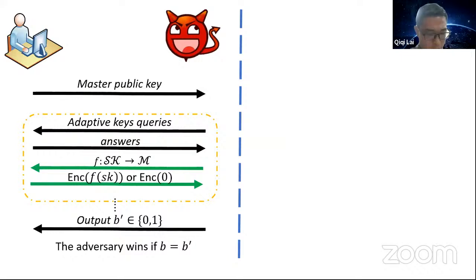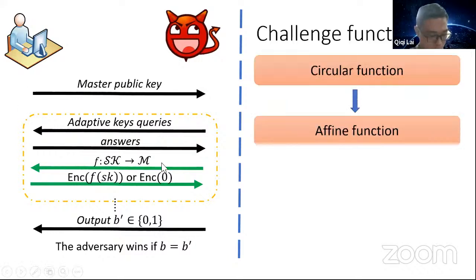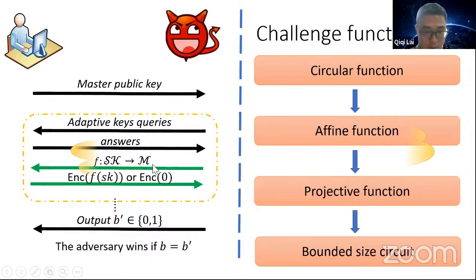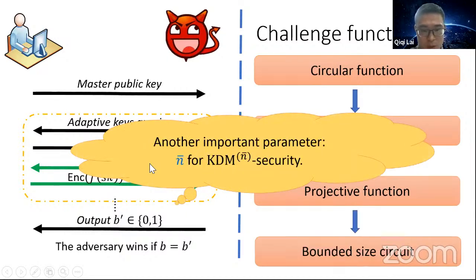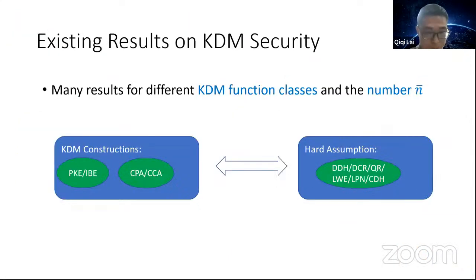In this formal definition, the class of function f is an important parameter, which is called the KDM challenge function class. There is also another important parameter, the number n-bar of different public keys in the security game. In a more general case, we call this KDM n-bar security.